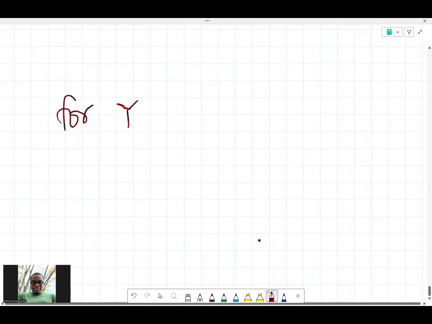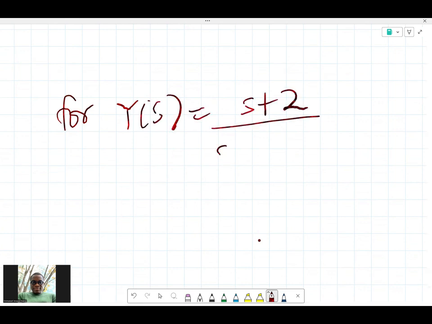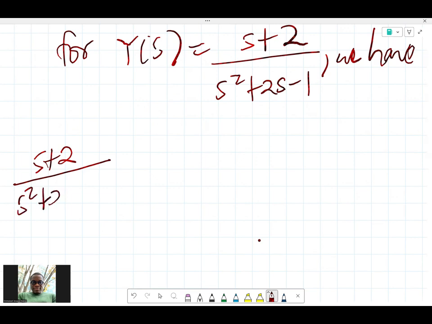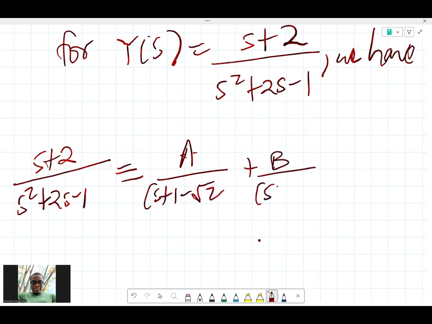For Y of s, which is equal to (s plus 2) all over (s squared plus 2s minus 1), we'll have (s plus 2) over (s squared plus 2s minus 1) equals A over (s plus 1 minus root 2) plus B over (s plus 1 plus root 2).